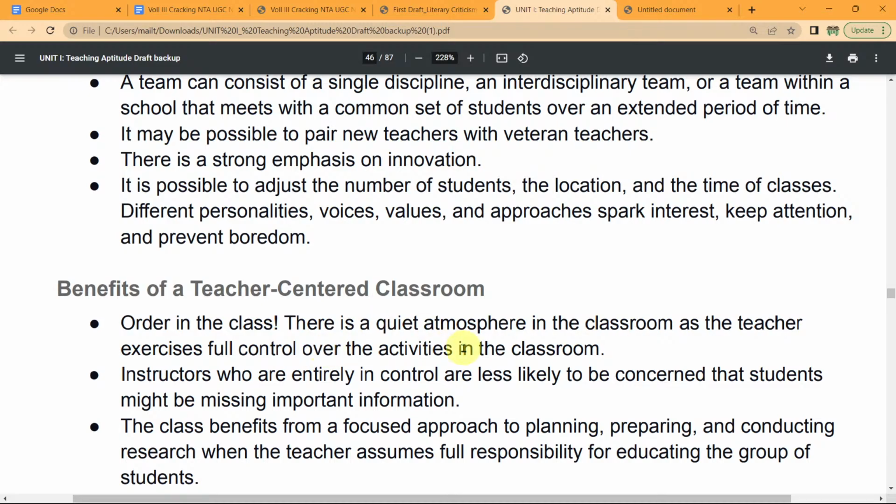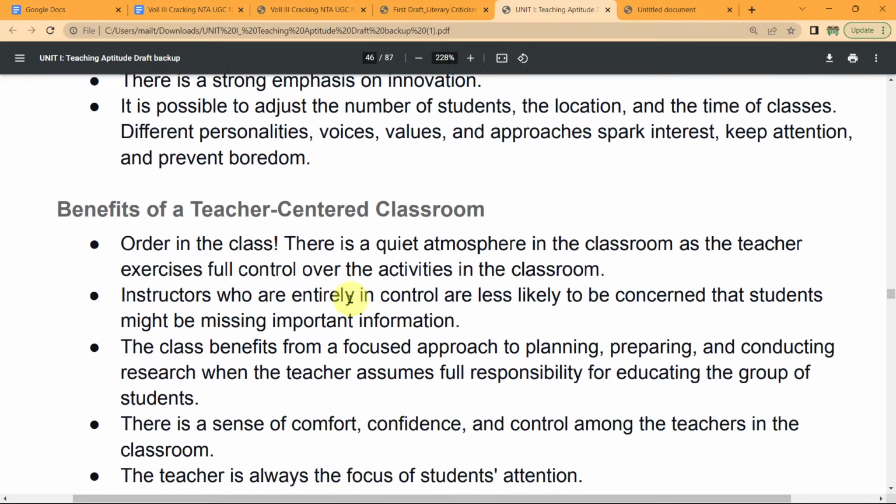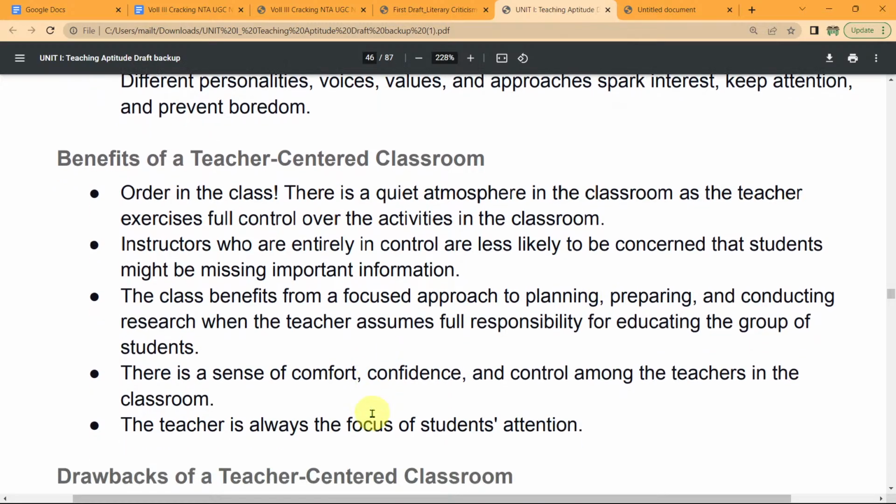So they maintain that atmosphere in the classroom. Instructors who are entirely in control are less likely to be concerned that the student might be missing important information. So you must have the idea about what is teacher centered. Again, teacher centered is where the teacher plays the primary role, and the student plays the secondary.